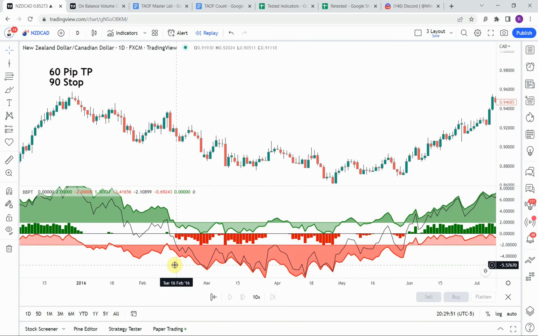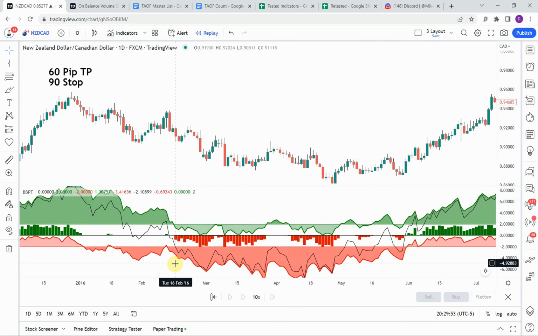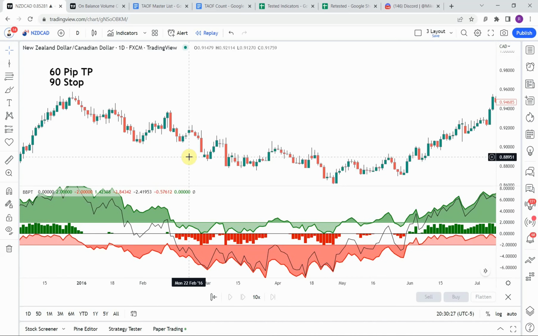The histogram is determined by the two clouds here, the red cloud and the green cloud. You can see that when the green cloud starts to make its way down into the middle area of the indicator here, and the red cloud is broken out to the bottom here, that's when we get the red histogram bars that appear here.